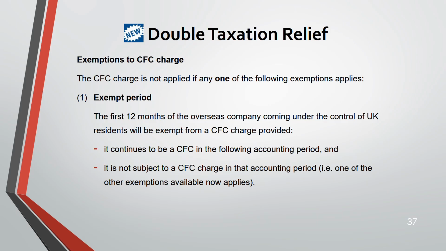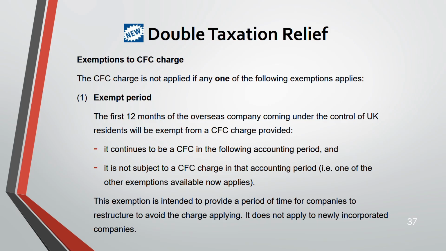So one of the other exemptions available now applies. Basically, this exemption is giving a period of time so that companies can restructure and avoid the charge from applying. It does not apply to newly incorporated companies.